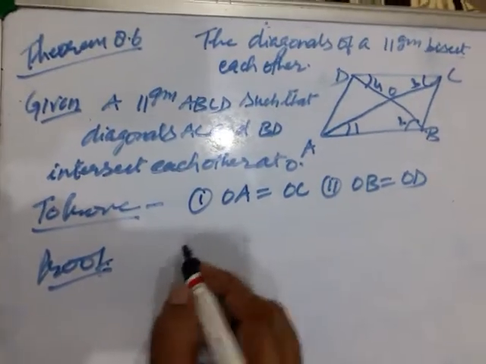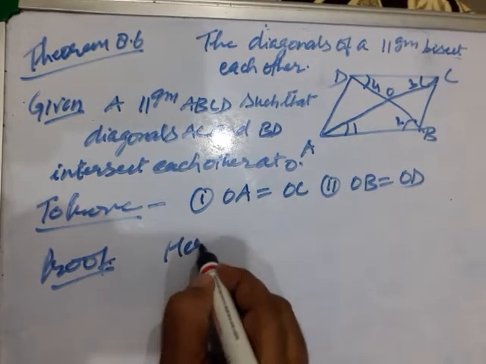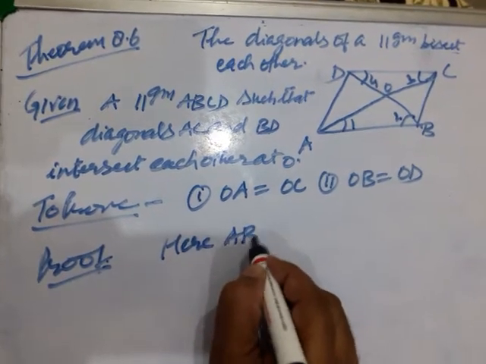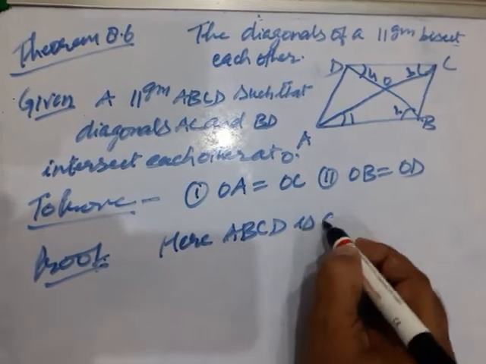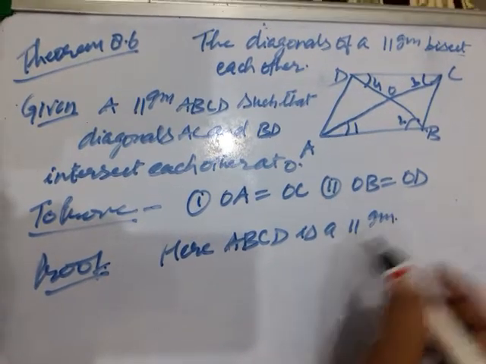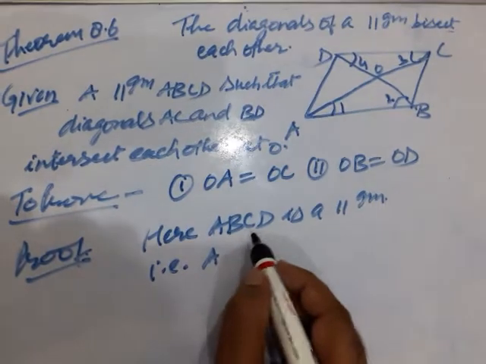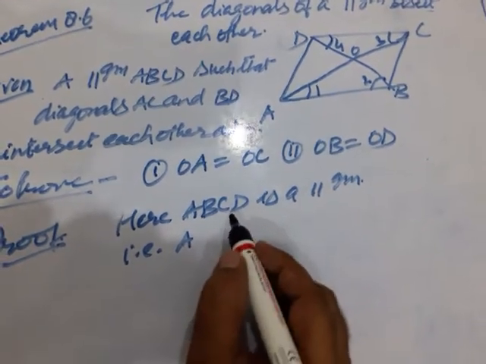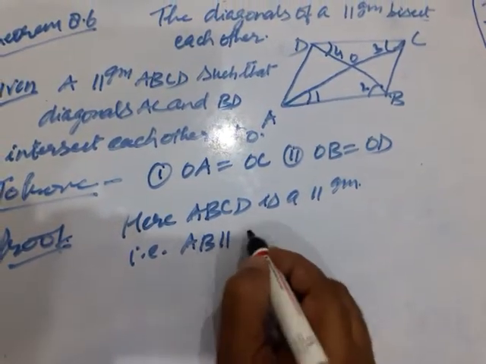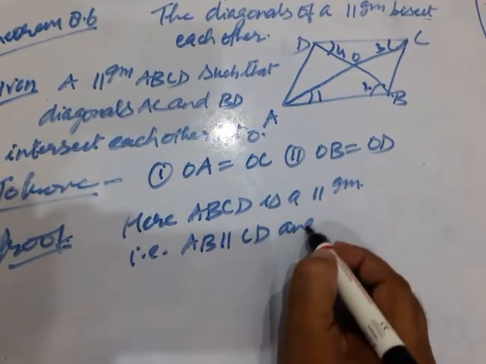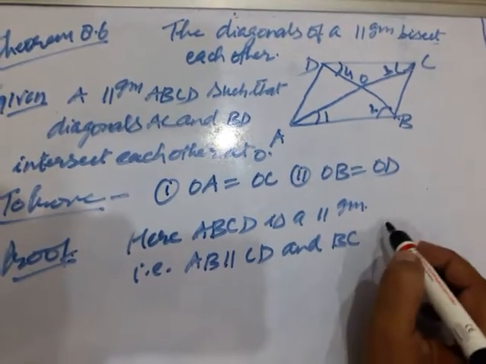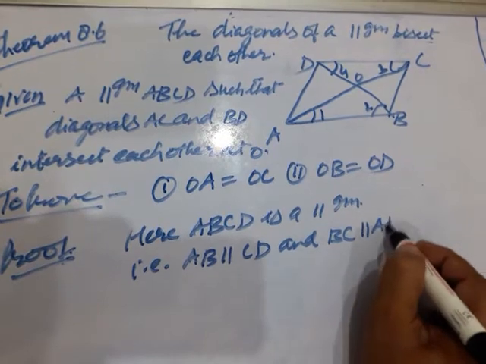ABCD is a parallelogram. This implies that AB is parallel to CD and BC is parallel to AD.